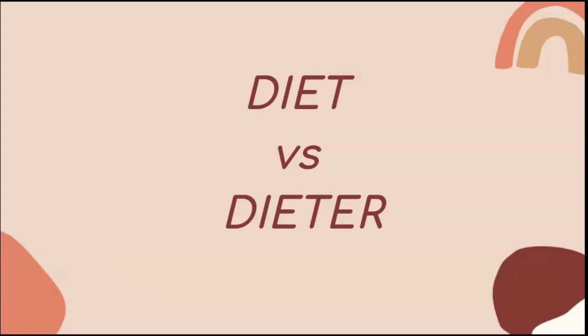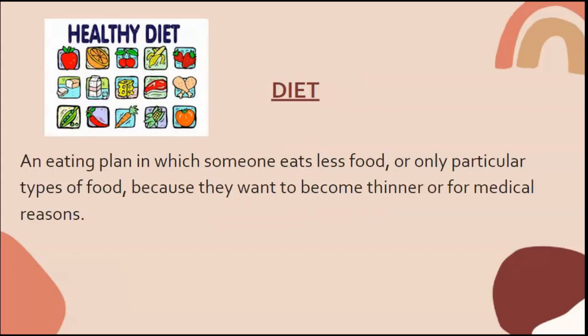Diet versus dieter. What's the difference here? Okay, when we speak about diet, we refer to the eating plan. An eating plan in which someone eats less food, or maybe this person eats only a particular type of food because they want to lose weight, because they have a medical condition that tells them to eat in a certain way.